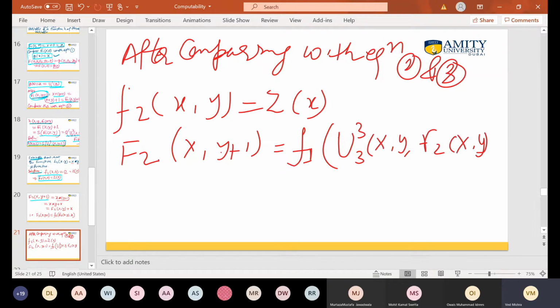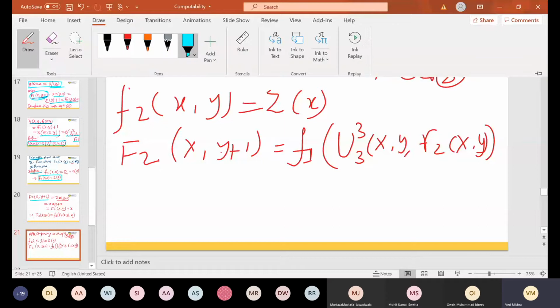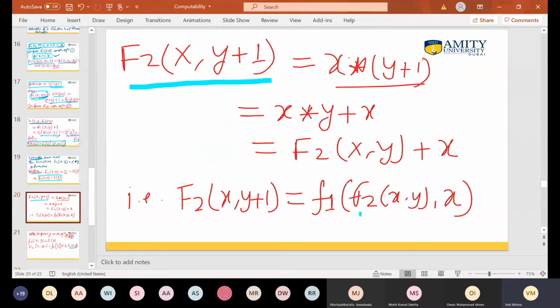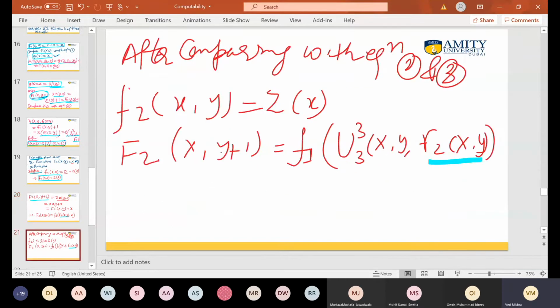If you are writing this u to the power 3 xy f2 xy, what does it mean? Final value will be what? f2 xy only, no? This value you have to write. So f2 xy we are writing in this form, xy and f2 xy u33 means third value will be taken.